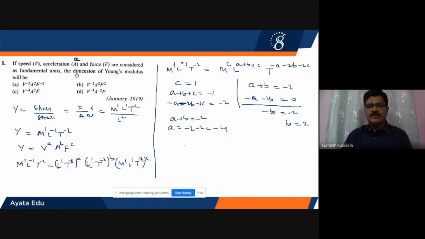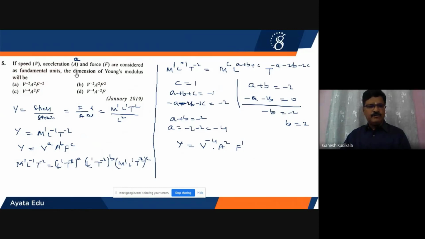So your expression for Young's modulus is Y equals v to the power of a, where a is minus 4, and acceleration to the power of b, where b is 2, and force to the power of c, where c is 1.